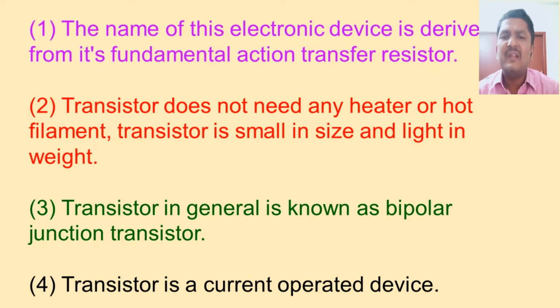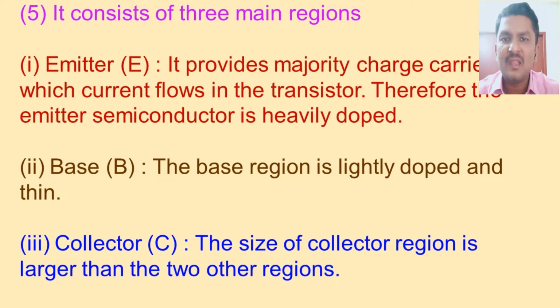Already we discussed that transistor contains three regions: emitter, base and collector. Emitter is heavily doped and base is lightly doped and collector is moderately doped.